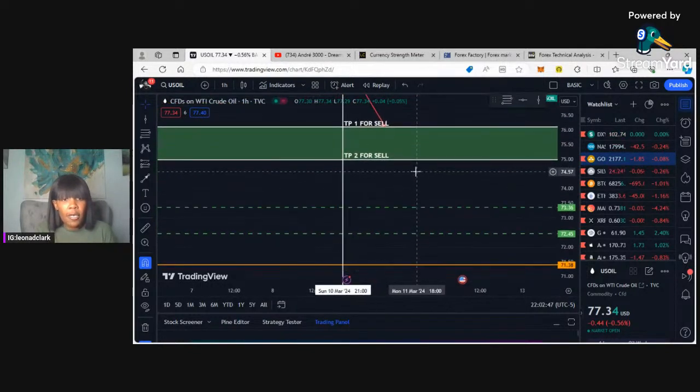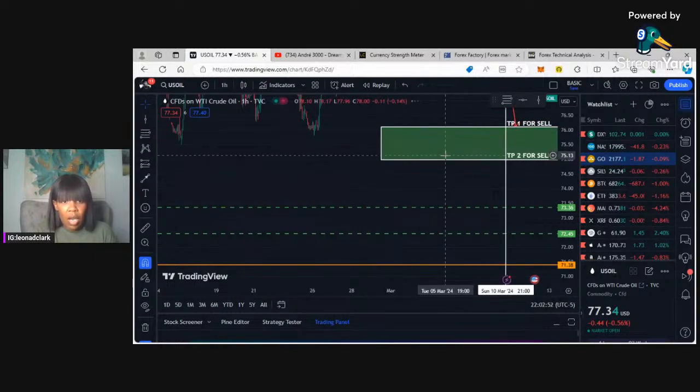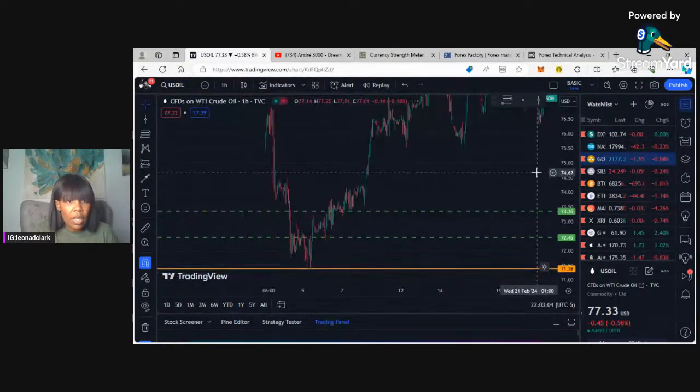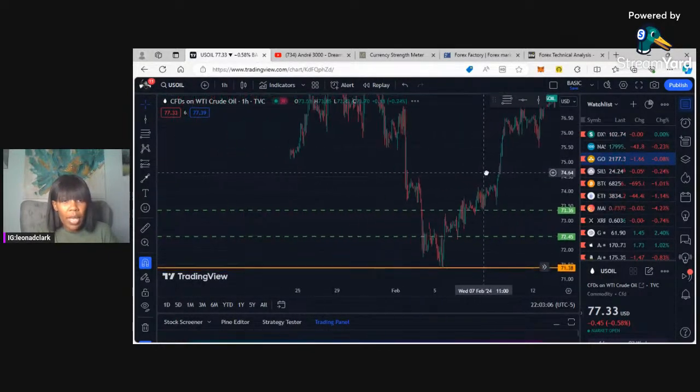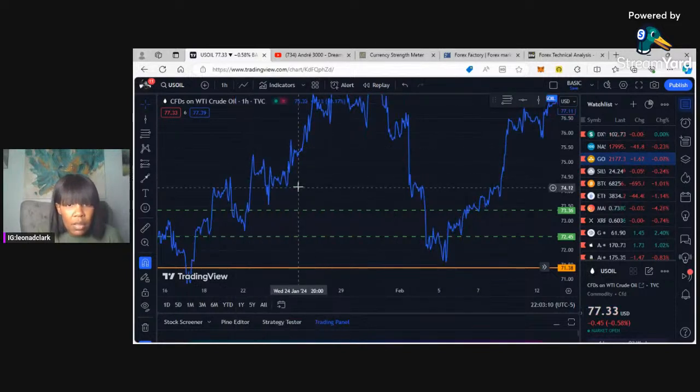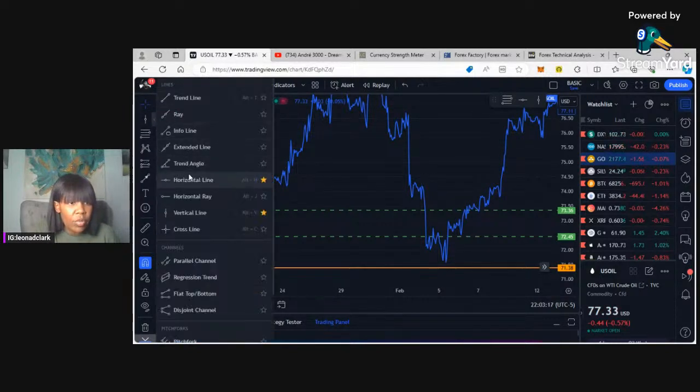Okay. And then let's see if there's anything in between this zone and our demand zone down here. If there's anything in between here and here, then we'll find it. And looks like we may have something here. So let me do this. Oh, the dotted lines on my chart are from when I do my fib.